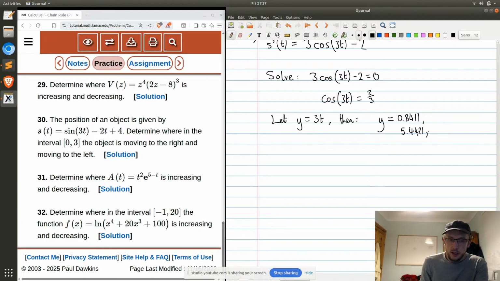And then you have to add on 2 pi a few times. Just a few times to each of them. Just to cover your back. 11.7253. 18.0085.